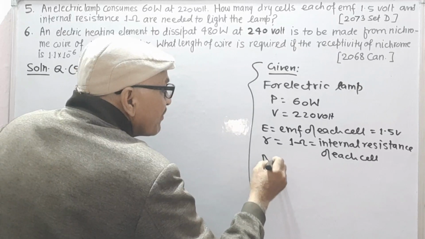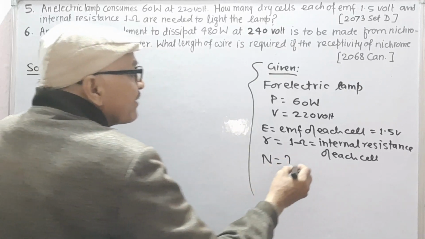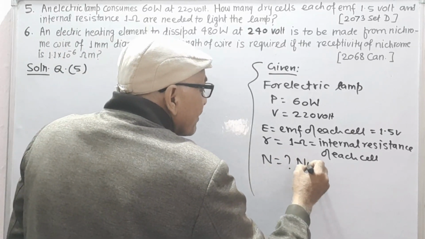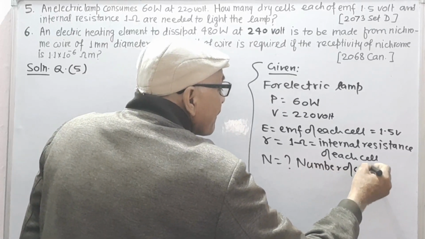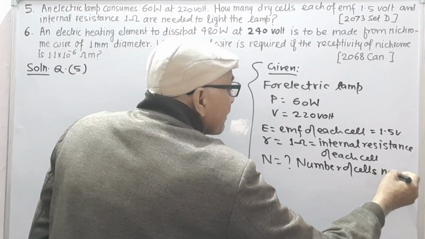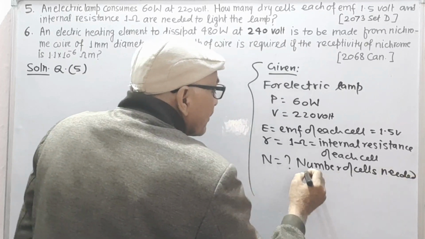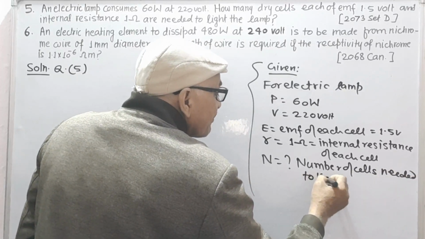We have to find the number of cells needed to light the lamp.